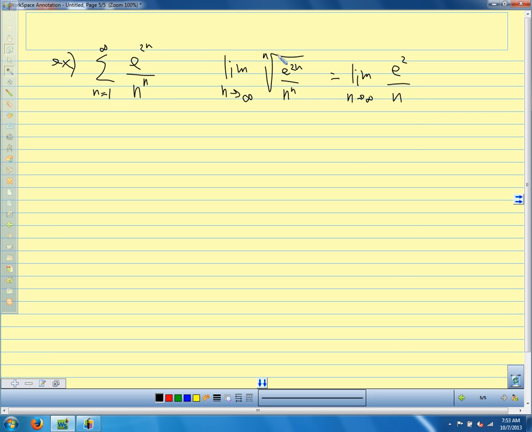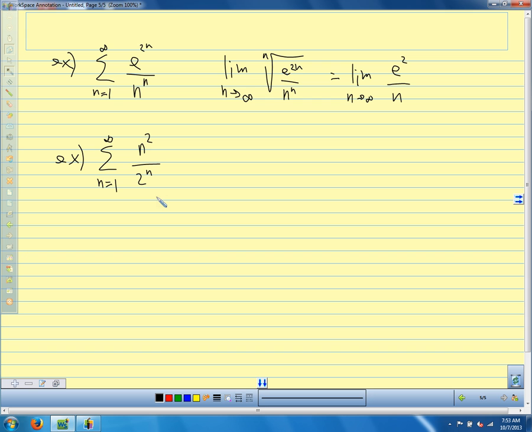So this one not too bad, using the root test. Let's look at another one using the root test. This one a little more obvious. The next one maybe not quite so obvious. N equals 1 to infinity of n squared over 2 to the n. Ratio test would work.